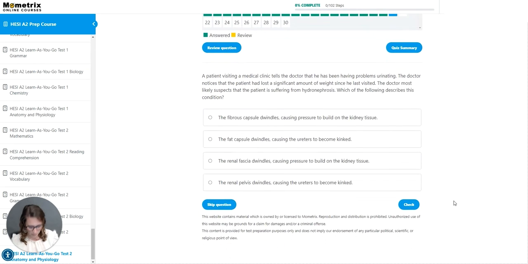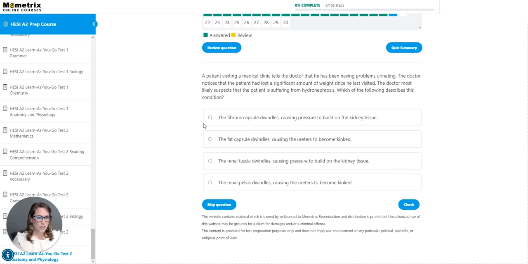All right, question number 20. A patient visiting a medical clinic tells the doctor that he's been having problems urinating. The doctor notices that the patient has lost a significant amount of weight since he last visited. The doctor most likely suspects the patient is suffering from hydronephrosis. Which of the following describes this condition?